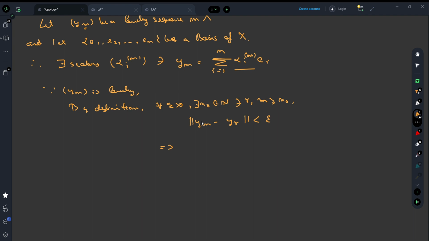We have used n already as a dimension, so we use r instead. But y_m is represented in this way, so y_r will also be represented in this way. So this implies the norm of summation i equals 1 to n of alpha_im minus alpha_ir, taking e_i common, times e_i, is less than epsilon. I guess it's clear.